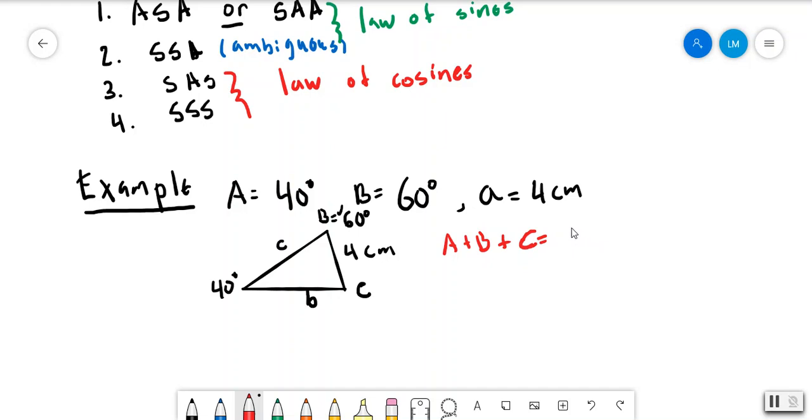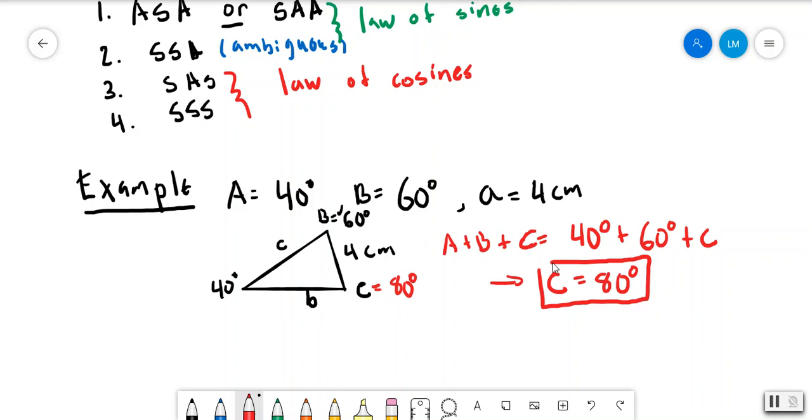So that's going to be 40 plus 60 degrees plus C, and all of that is equal to 180. So that tells me that angle measure C equals 80 degrees.